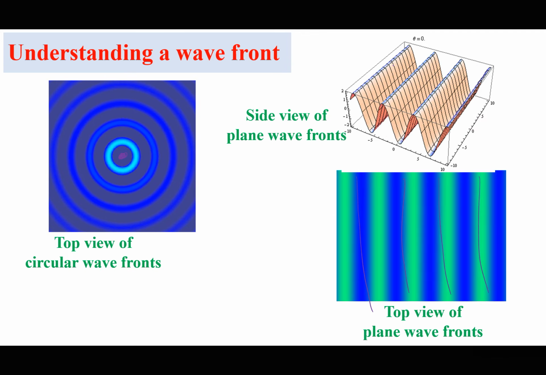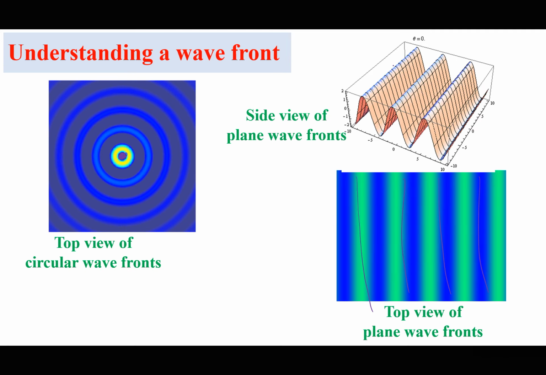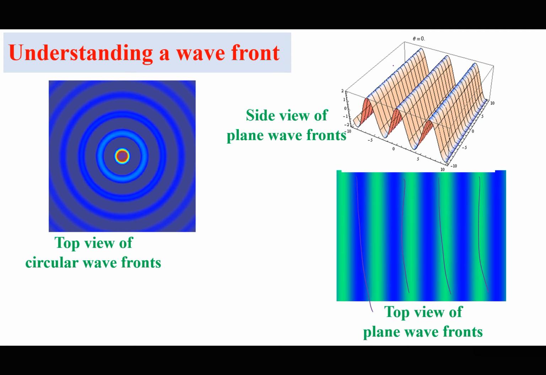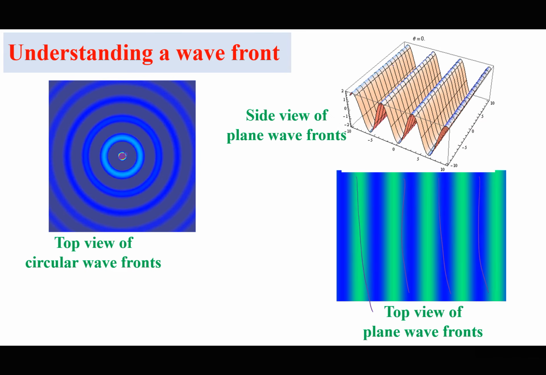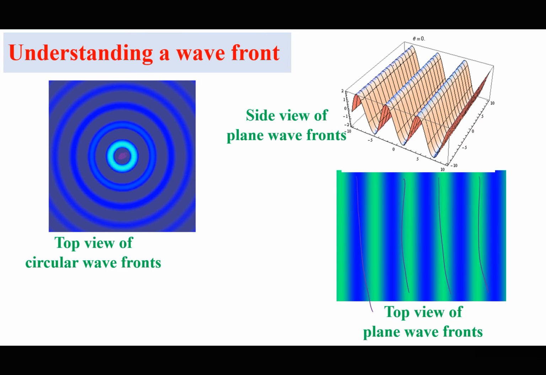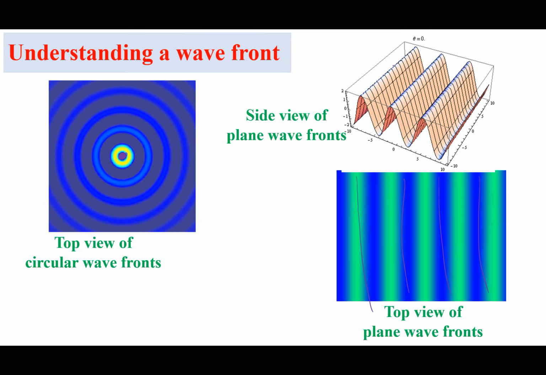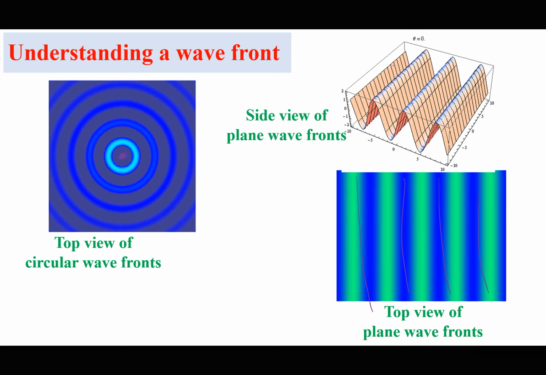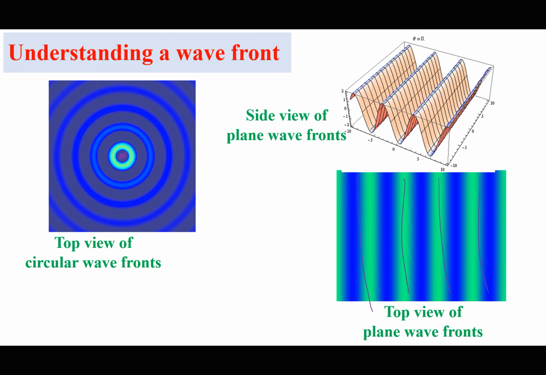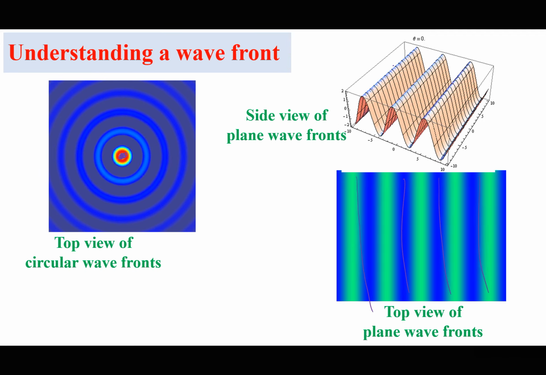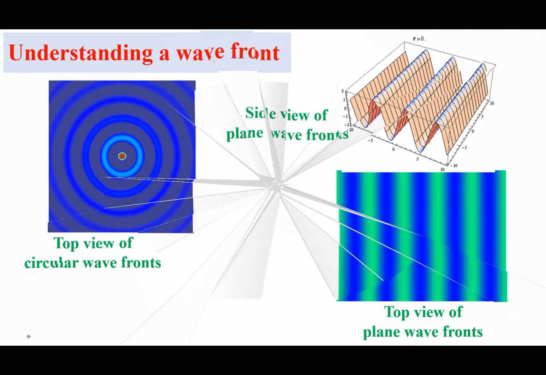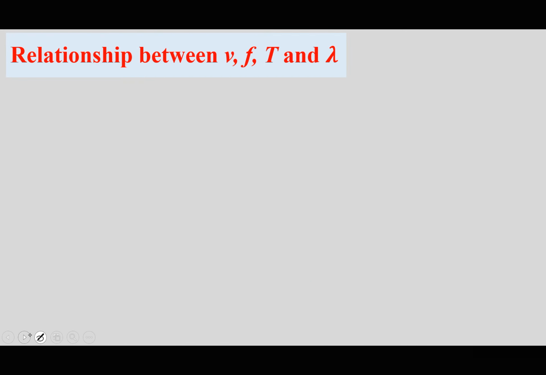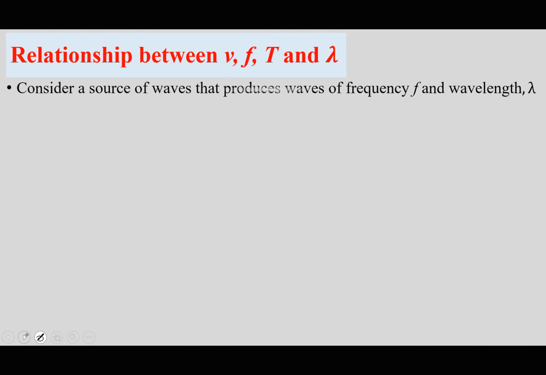Now that we know what a wavefront is, a line through an advancing wave in which all particles are vibrating in phase, we should talk about the relationship between the speed of a wave, frequency, period, and wavelength. In other words, the general wave equation, which we mentioned in IGCSE. We consider a source of waves that produces waves of frequency f.